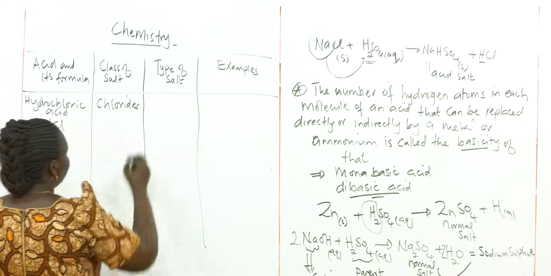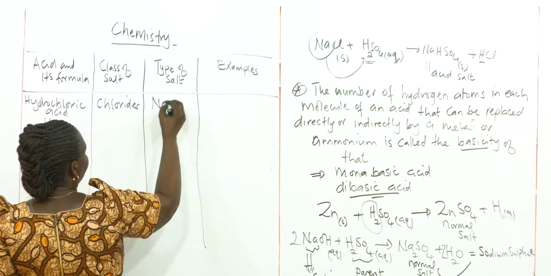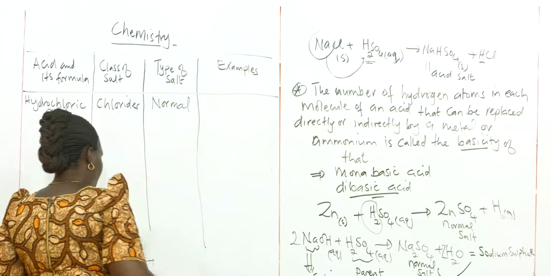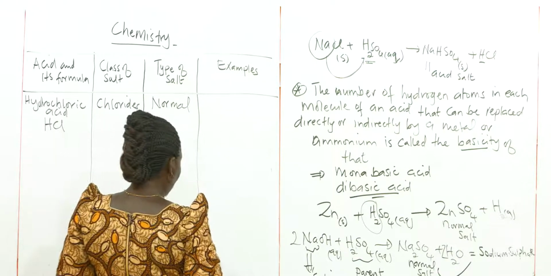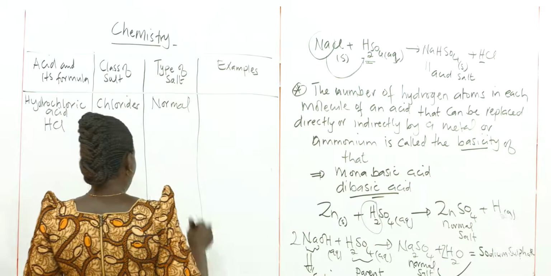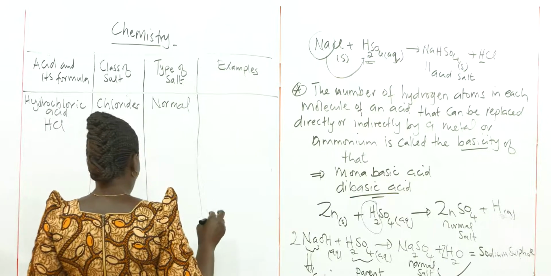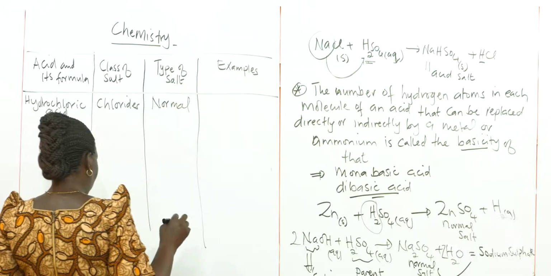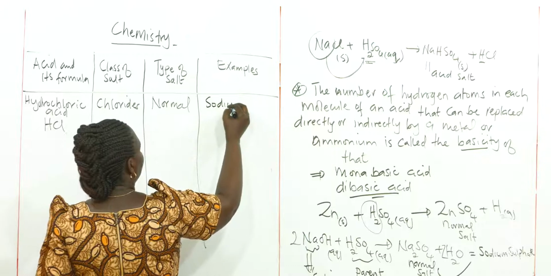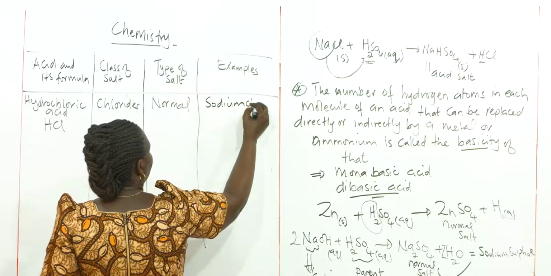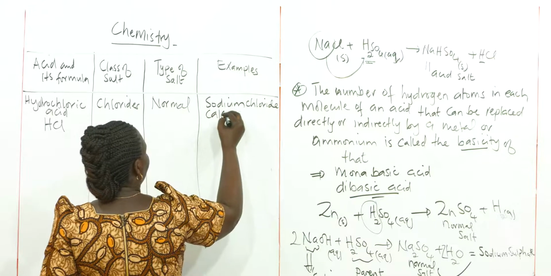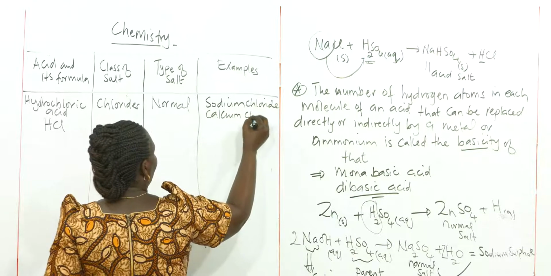The type of salt will be normal because all the hydrogen atom will be replaced, and examples of salts that we can have from hydrochloric acid can be sodium chloride or calcium chloride.